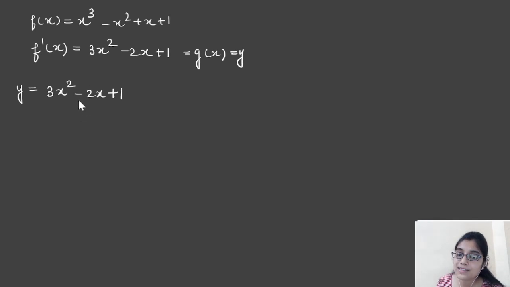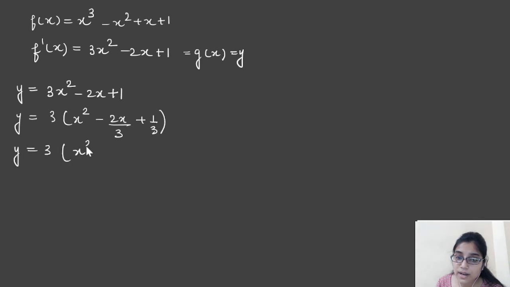I think all of you can see that this is a parabola. So you will convert it into a perfect square: 3 times x square minus 2x by 3 plus 1 by 3. Then this is x square minus 2x by 3 plus 1 by 9 minus 1 by 9 plus 1 by 3.